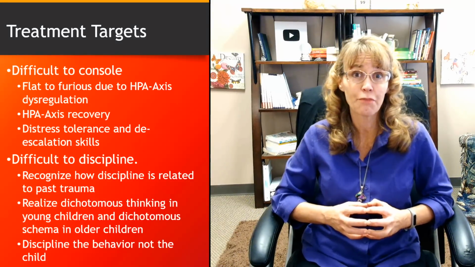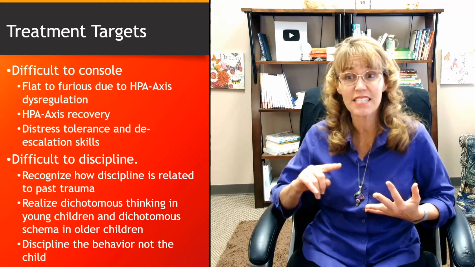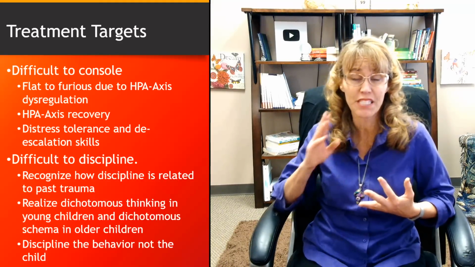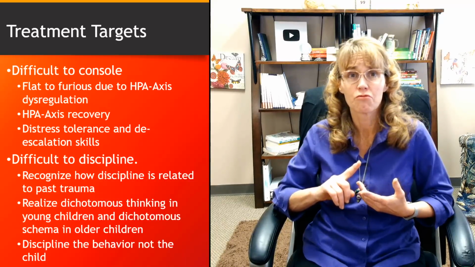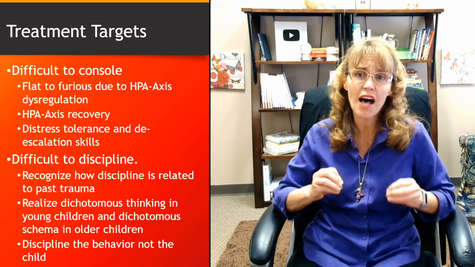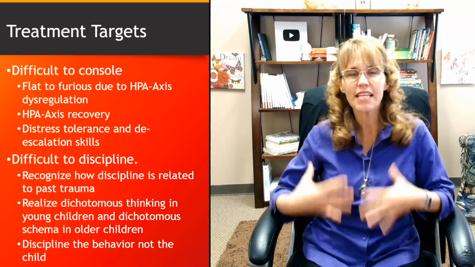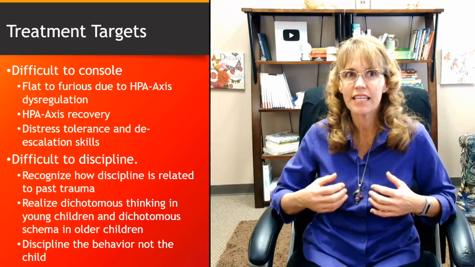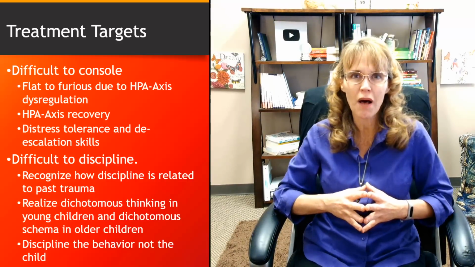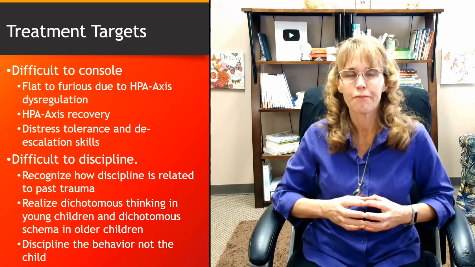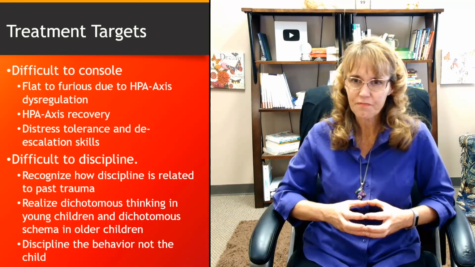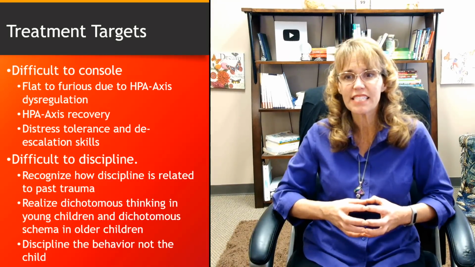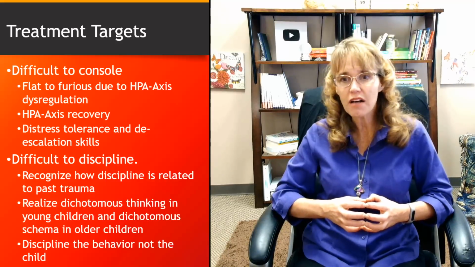Therefore, HPA axis recovery is going to be important, helping the child calm down their stress response system. And that can come through breathing exercises, vagus nerve massage, good nutrition, regulating circadian rhythms. There's a lot of ways to help reset and rebalance the systems in the body that are responsible for regulating that threat response system. Distress tolerance and de-escalation skills are also helpful.